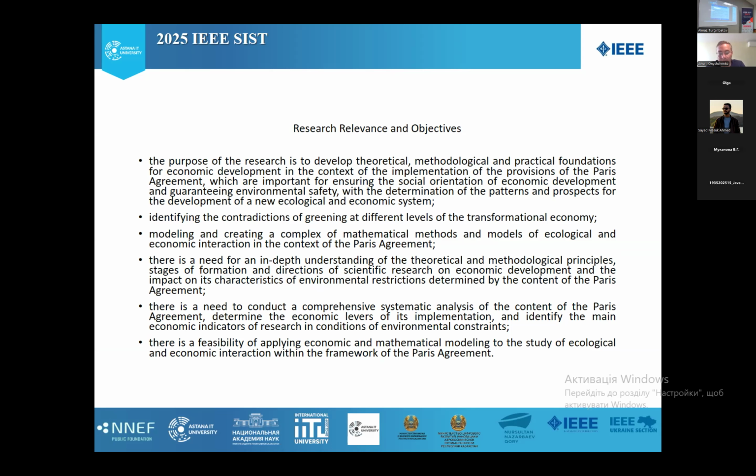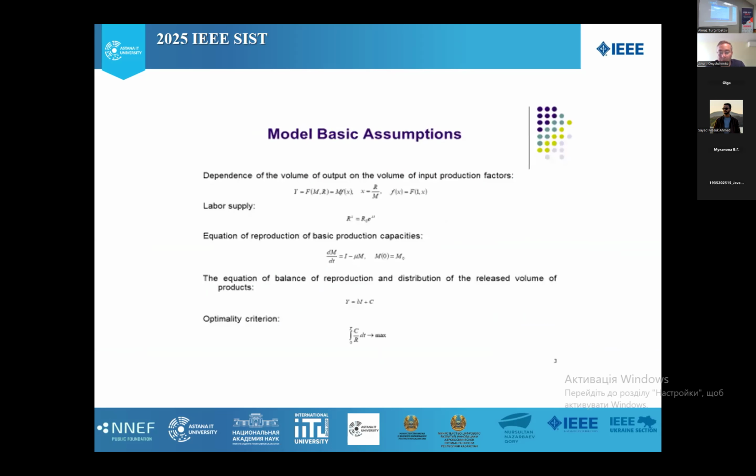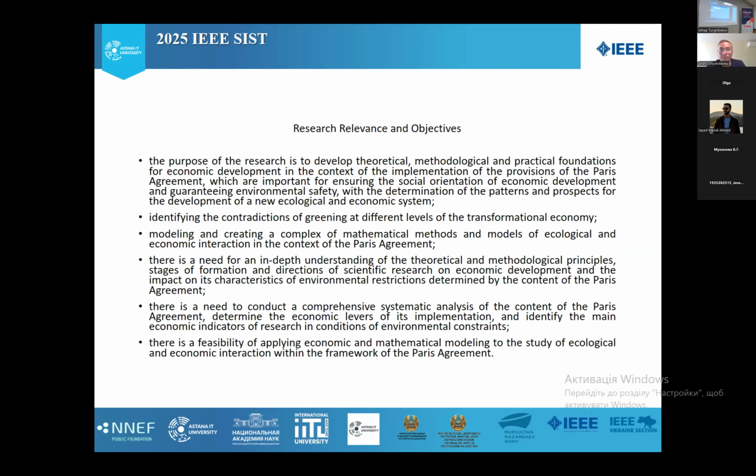The country's participation in the flexible mechanism of the Paris Agreement can become a real factor of economic growth, a prerequisite for the successful implementation of the mechanism of the Paris Agreement.